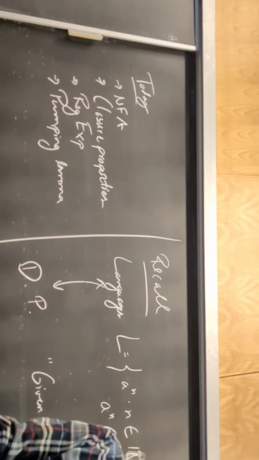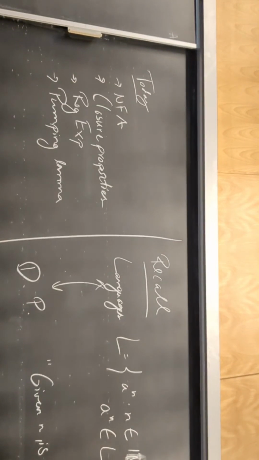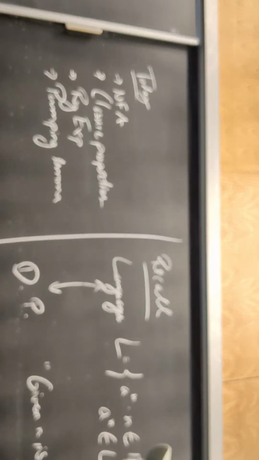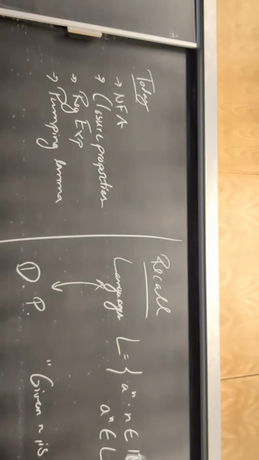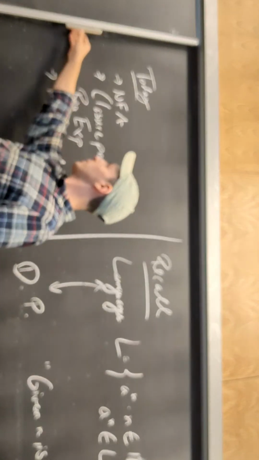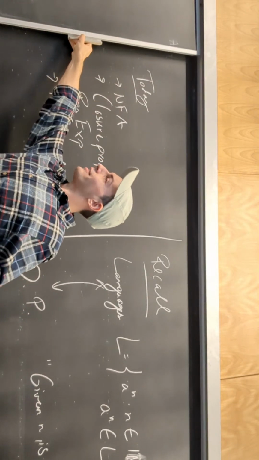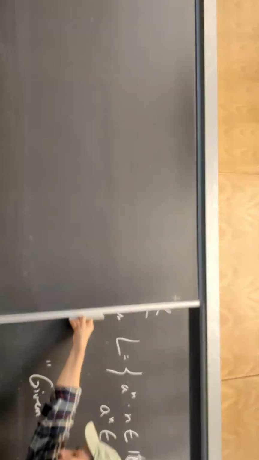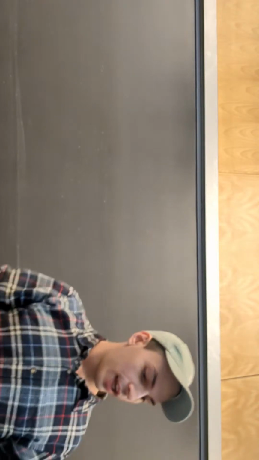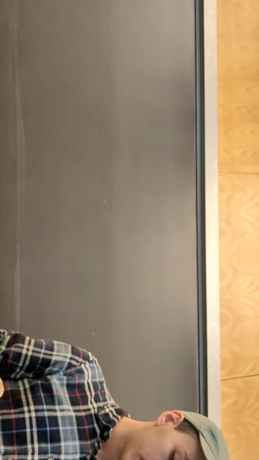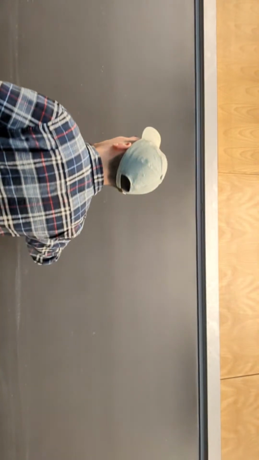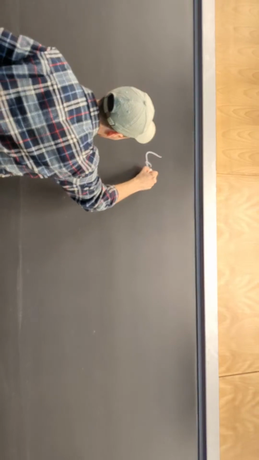And the way that we've been studying this so far is we've been looking at DFAs as the model of computation, right? So the way that we've been trying to model this, at least in the first tutorial, but you've been doing a lot more of this in class, is we've been looking at what we call language acceptors.